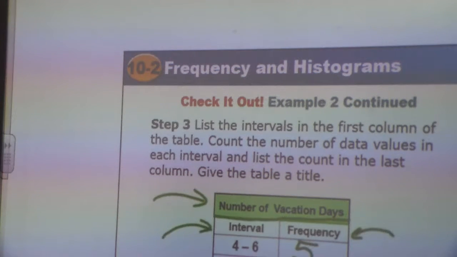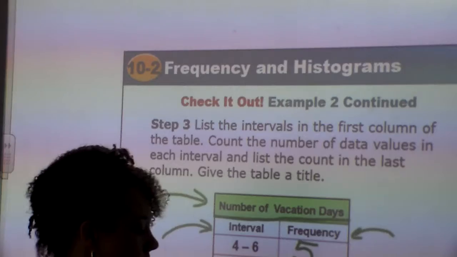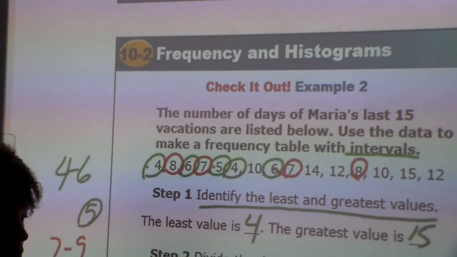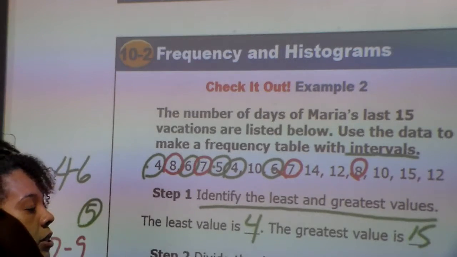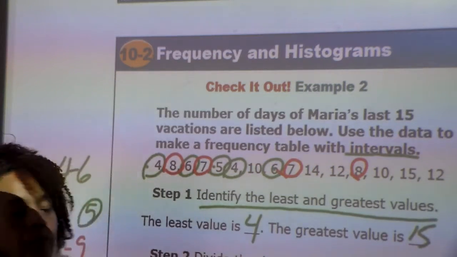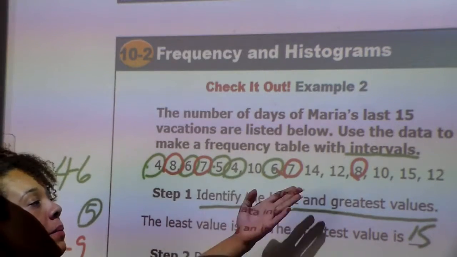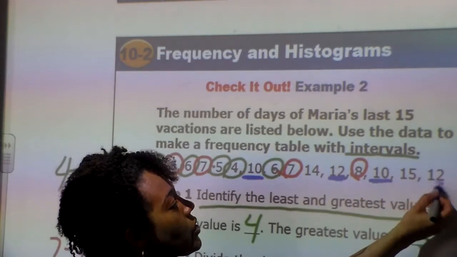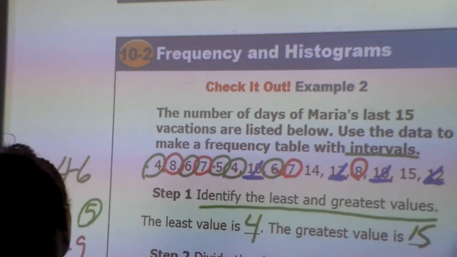So help me out with the last two, from 10 to 12. How many from 10 to 12? I'm going to look at my data set and I'm going to say, okay, I have 10, 12, 10, 12. That's all of them, 4 of them.